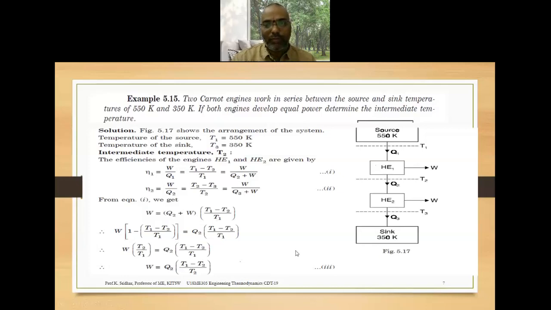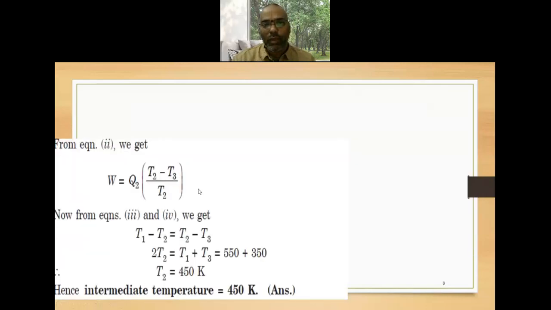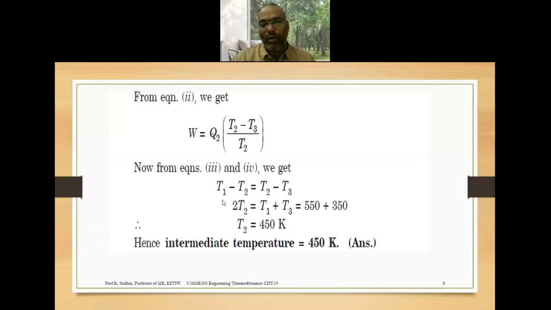Just simplify these equations and substitute the values of T1 and T3. Whenever the engines are arranged in series and the work developed by the heat engines is the same, one important conclusion you can derive is that T2 is equivalent to T1 plus T3 by 2. That is, we get the arithmetic mean.